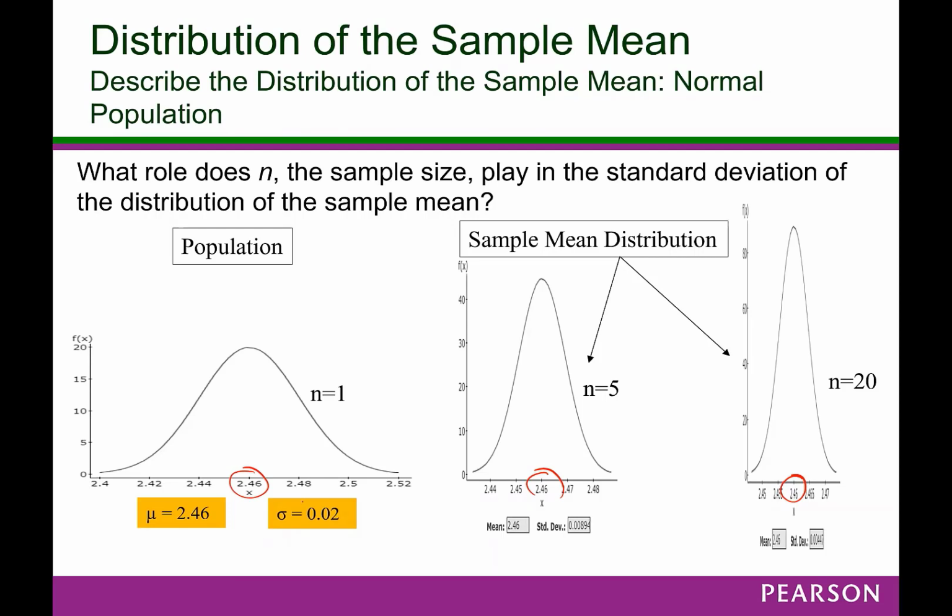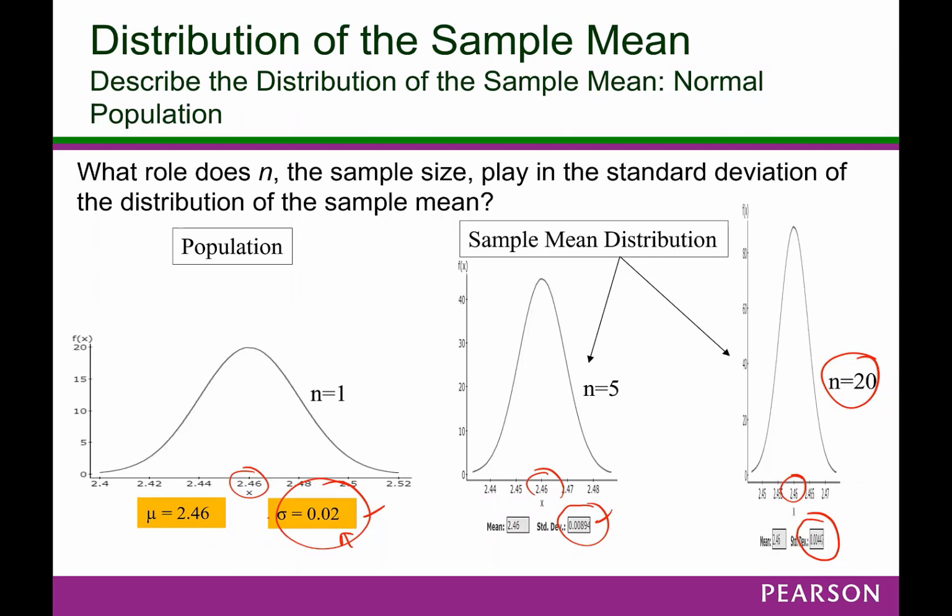However, the standard deviation, the variability, when the values are individual, is this value. But when we increase the sample size a little bit to 5, the variability will be smaller than this one. And when we increase the sample size to 20, the standard deviation will be smaller than this, and obviously smaller than this one.